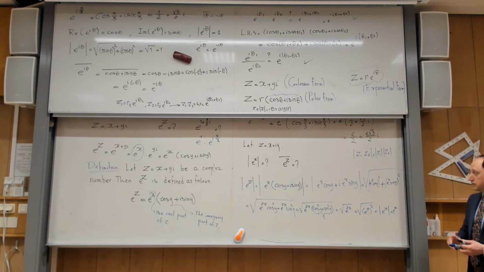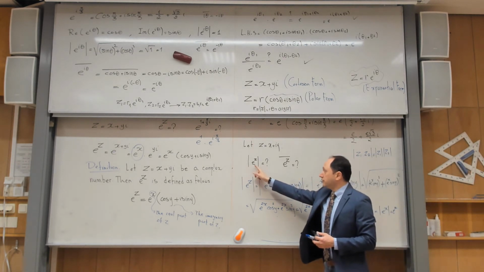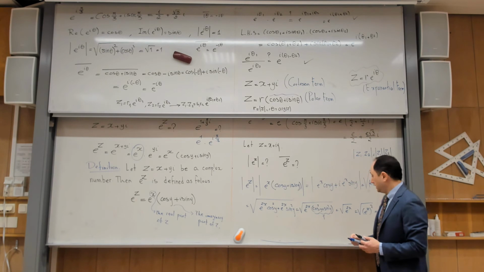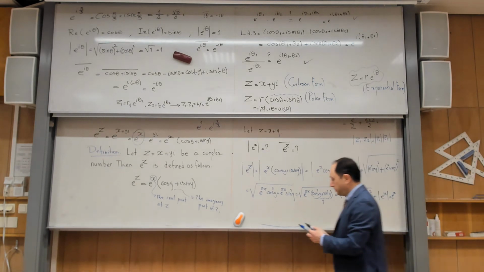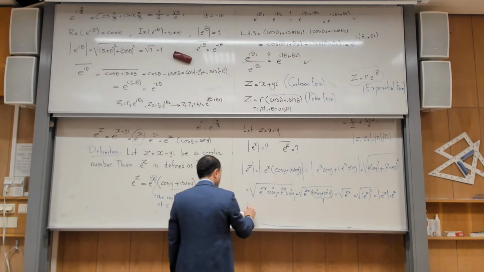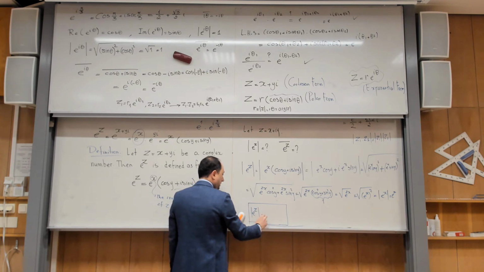So that is interesting. If I ask you what is the absolute value of this exponential function, it becomes e to the power of the real part. So in principle, if you want to write it as a formula, you can say that the absolute value of e to the power z is equal to e to the power of the real part of z.